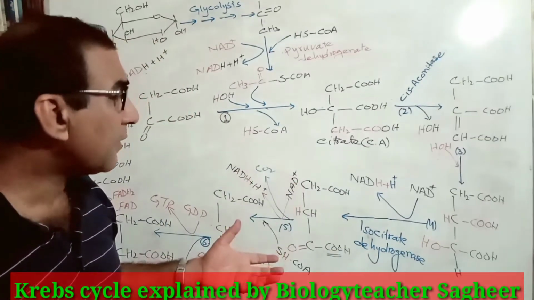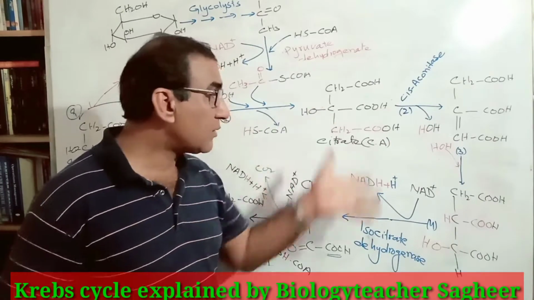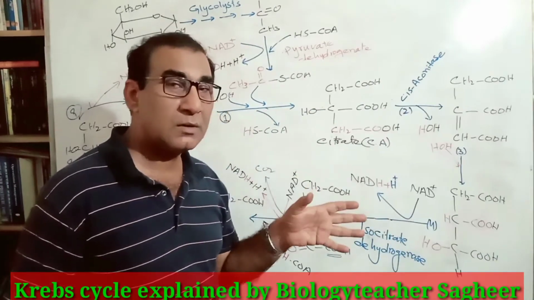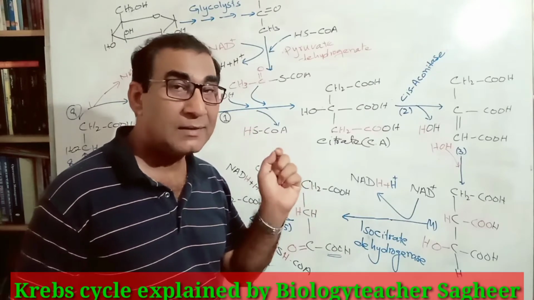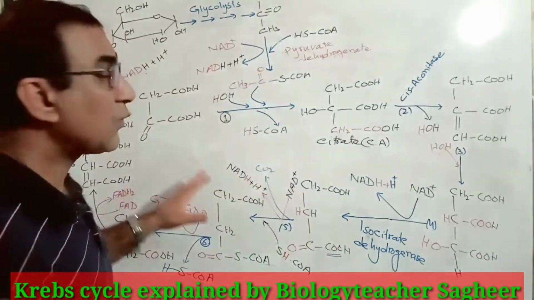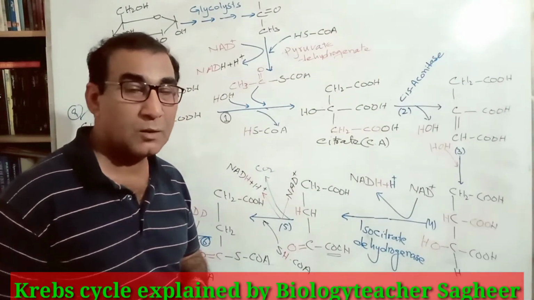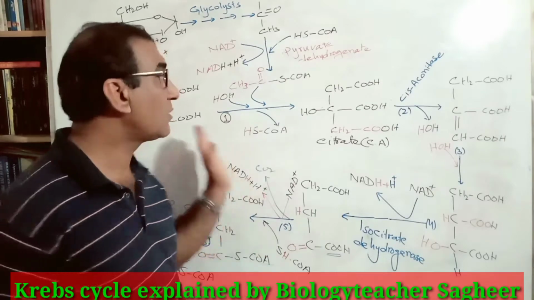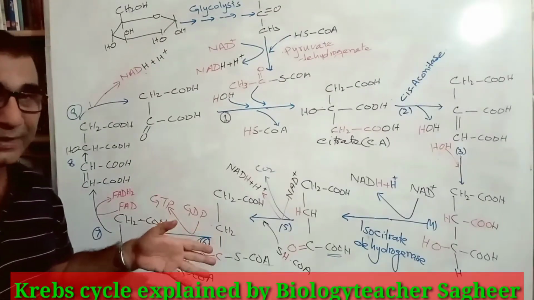Why do we call it the Krebs cycle? Because all these reactions were first discovered by Sir Hans Krebs. As far as the site of these reactions is concerned, they all occur in the matrix of mitochondria.